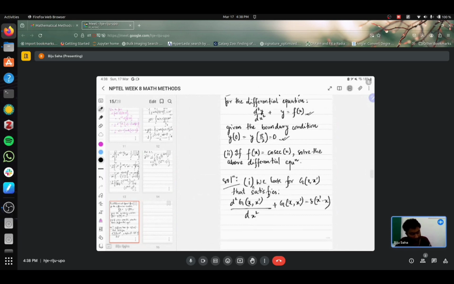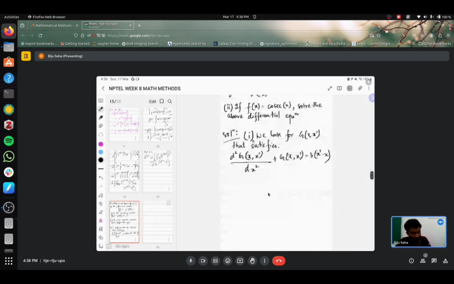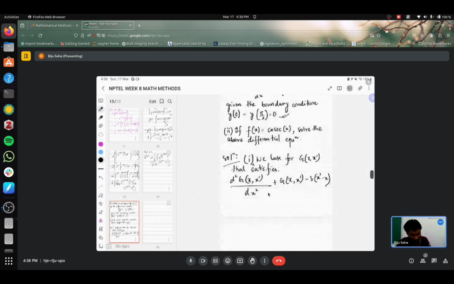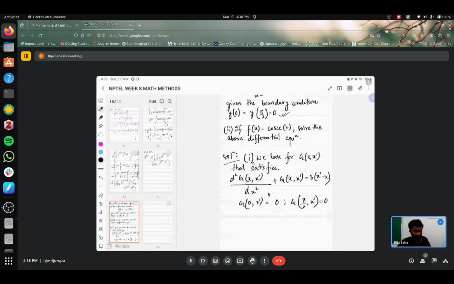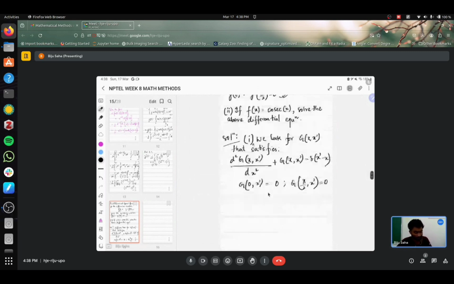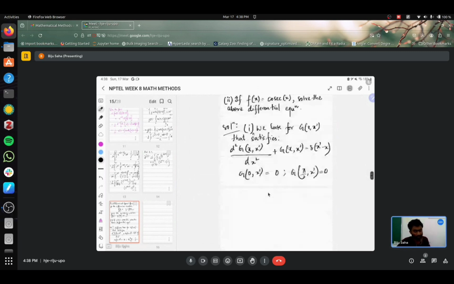Also I have the corresponding boundary conditions on the Green's function, which are the same as the original boundary conditions. So I have this set of differential equations, and now let me actually solve this.